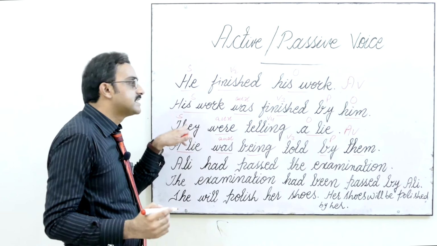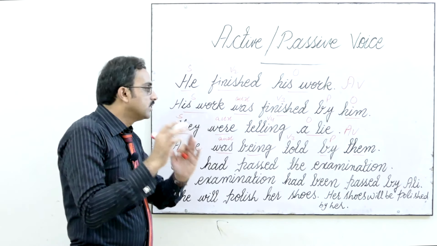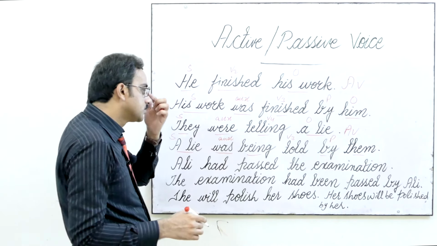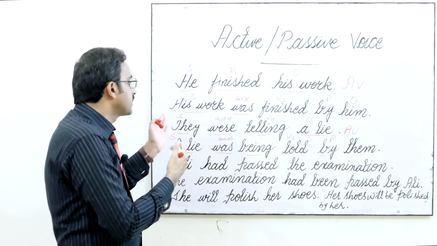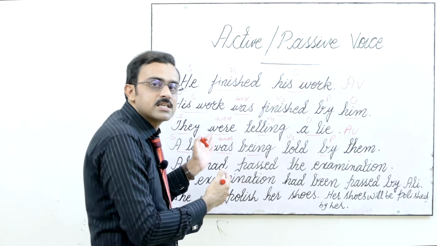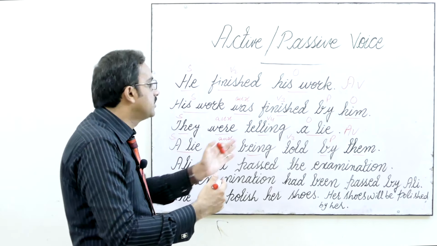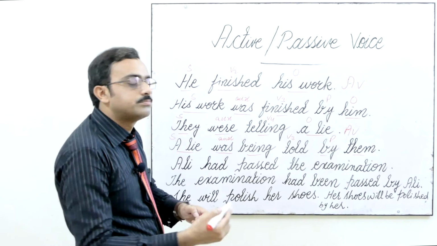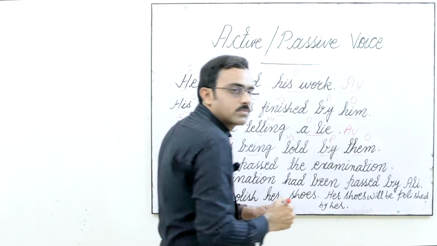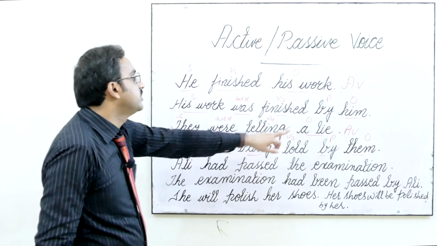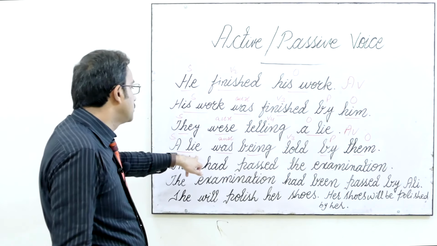Them means they changes into them. So this is your second person. They, your subjective case, changes into them, your objective case. So it becomes object. So what we did? We changed object into subject.